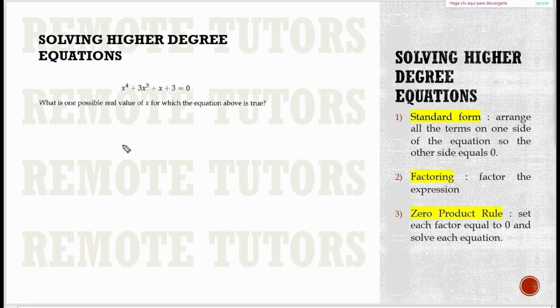Okay, and at last, let's see solving higher degree equations. So you basically will follow the same steps. First, standard form, next, factoring, and at last, the zero product rule. Here we can see this is already written in a standard form because we have 0 on one side. So we move on to the second step, which is factoring.